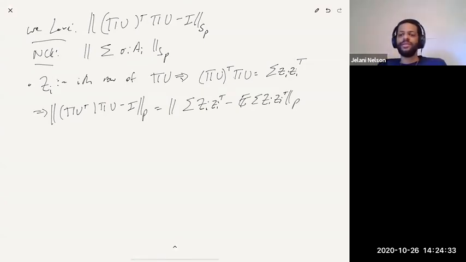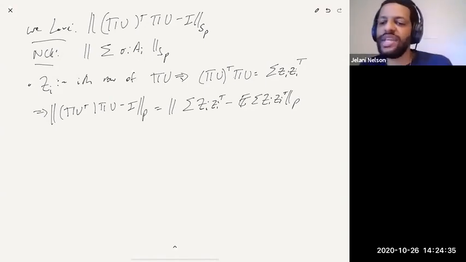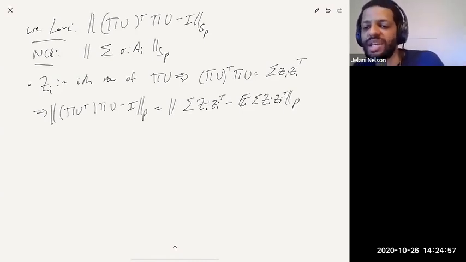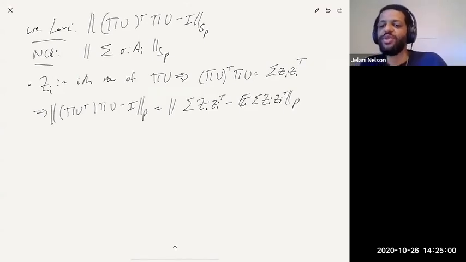In all the cases that we are going to talk about in class, we're always going to try to choose pi so that pi u transpose pi u has the right expectation. In particular, its expectation is the identity. Remember, u transpose u is the identity. So we're trying to pick pi so that pi u transpose pi u approximates u transpose u, but u transpose u is the identity. So we're picking pi's that give you unbiased estimators, where pi u transpose pi u in expectation is the identity. So the identity is the same thing as the expectation of the random thing itself.